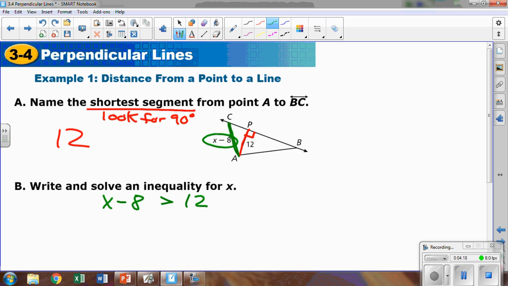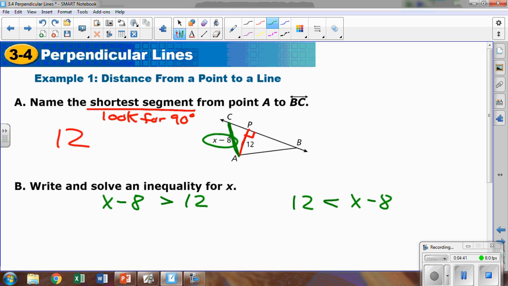I'm a fan of building my inequality so that the variable is on the left. This isn't the only way to do it. I've had a lot of students in the past who would simply like to say 12 is shorter than the other one, and they like to build it based on having less than. It doesn't matter, both of them are correct.